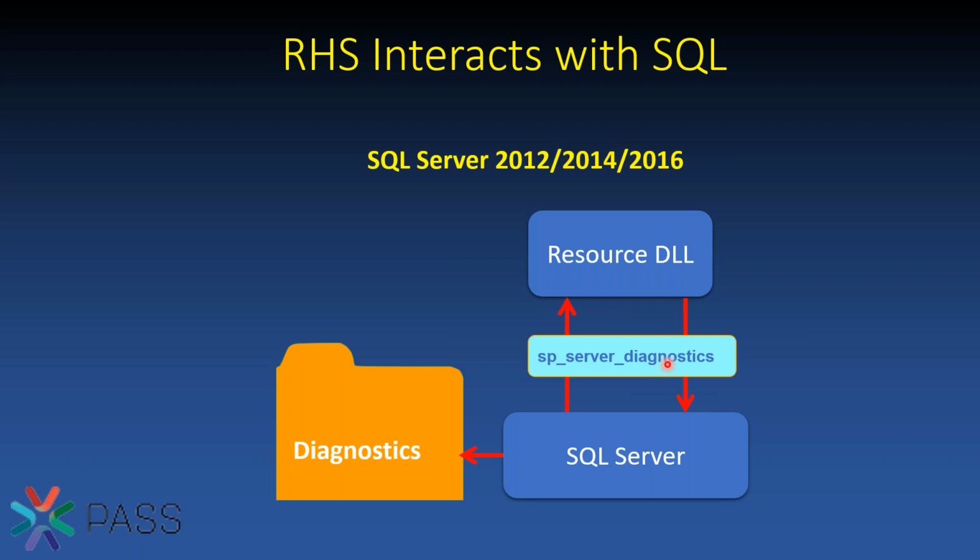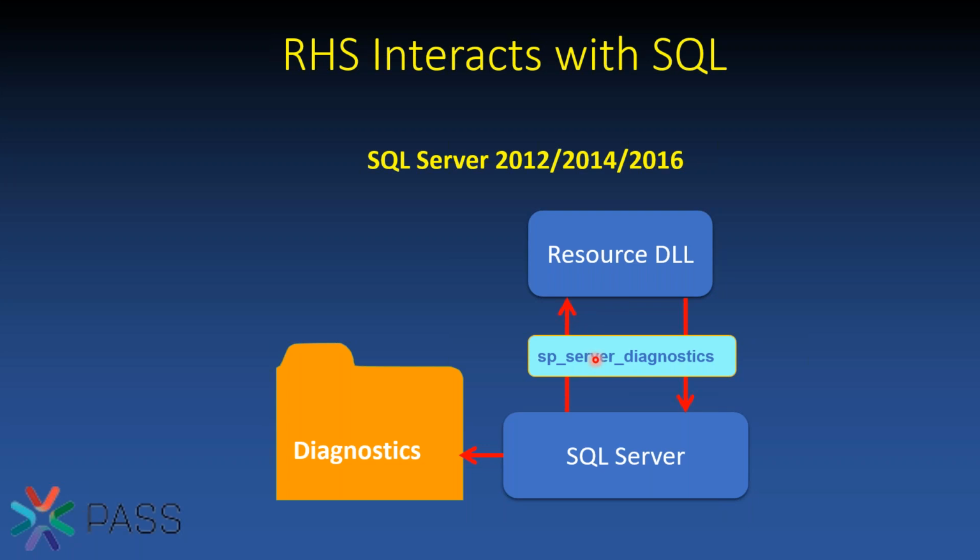It connects and stays connected, and it calls sp_server_diagnostics. By default, it calls that with a parameter of 10, which basically says every 10 seconds, return information back to the resource DLL. So go from SQL and return back to the resource DLL all this diagnostic health data. And that happens every 10 seconds by default.